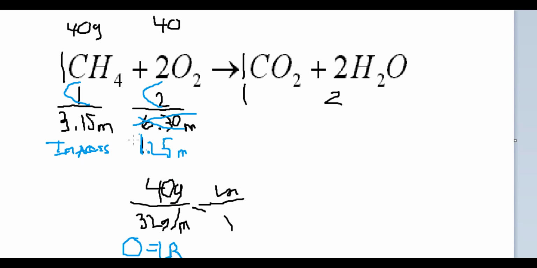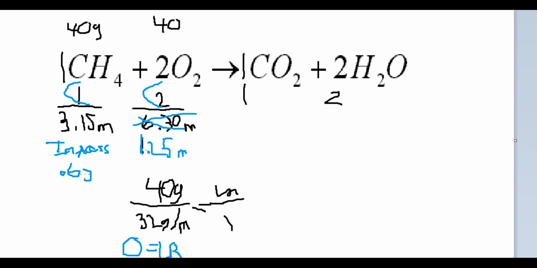Because now, if there's 1.25 moles, and that's going to be 2, then the 1 would have to be half of whatever this is. So that would be just about 0.65.